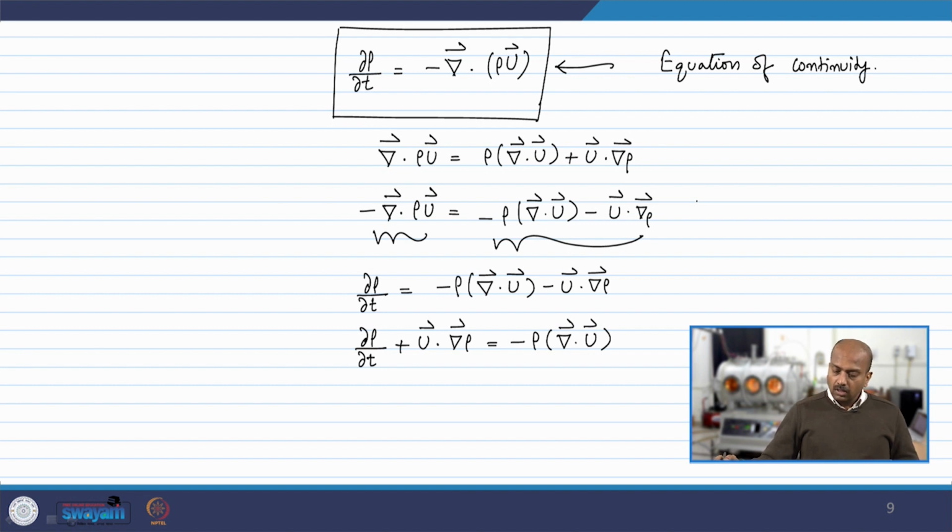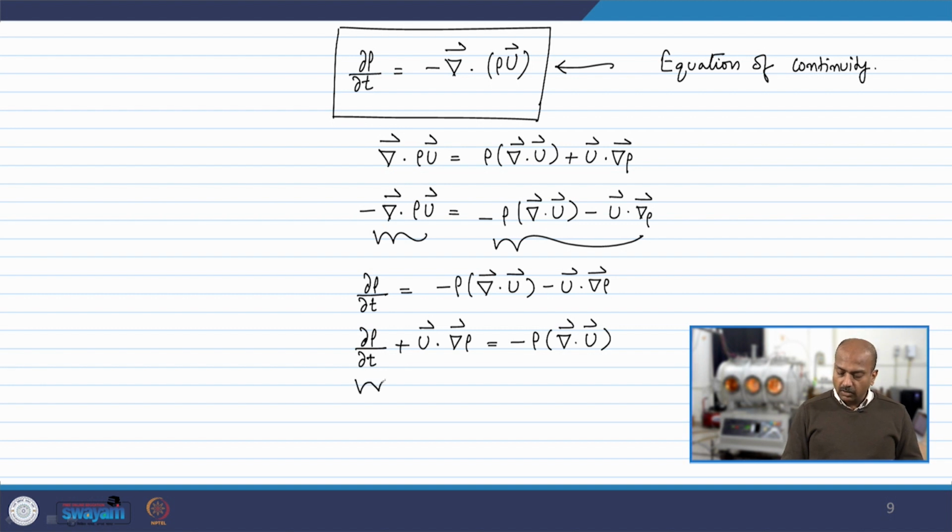Now, I have taken this term to the other side, multiplied with a minus, the entire expression becomes this, and it turns out this expression has a term which is related to the total derivative, right. So, I have substituted all of this in the place of this on the right hand side and taken the term u dot del ρ to the left hand side, right.